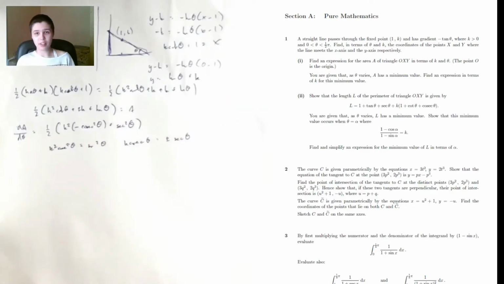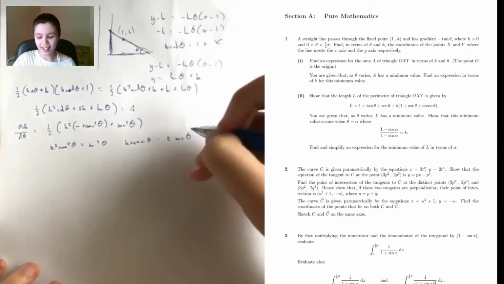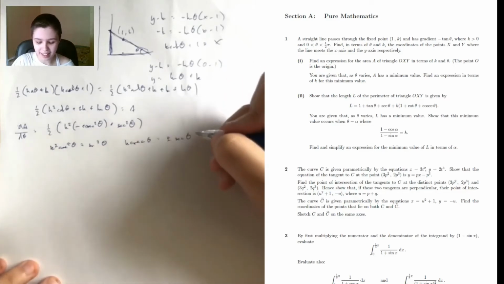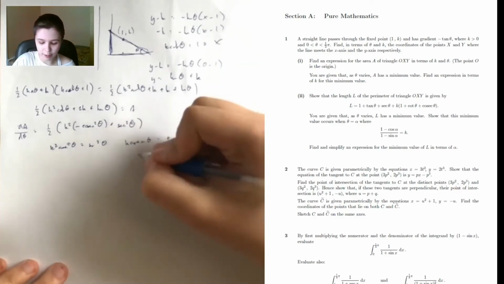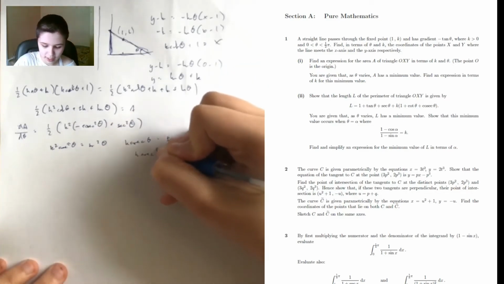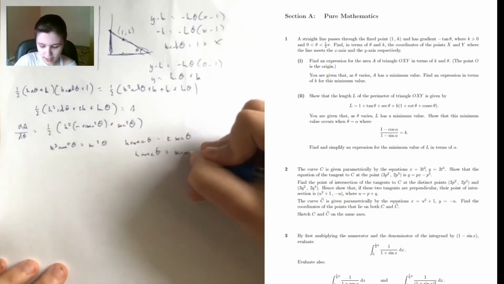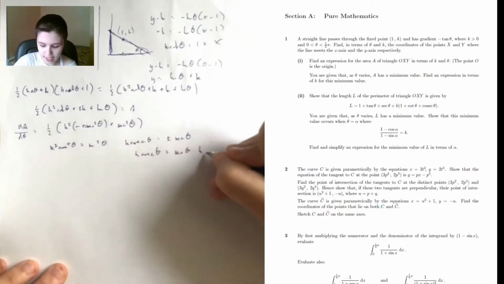And the minus sec theta doesn't work because k cosec theta is positive, because theta is acute and larger than 0 and k is positive, and sec theta is also positive. So with minus sec theta, you have a positive thing that equals a negative thing, and that's bad. So that means that we have k cosec theta is equal to sec theta instead, and so k is equal to tan theta.